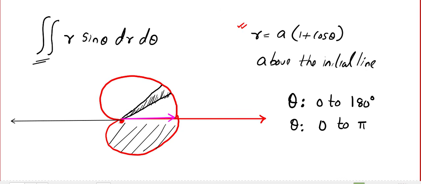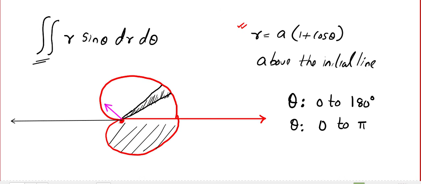So look at this, the length keeps on varying. You can follow the arrow. You can see the length keeps on varying. And I can see that the length starts from the pole to the cardioid. You can draw the strip anywhere. My arrow shows it very clearly.